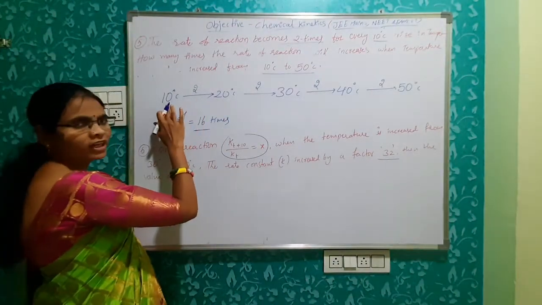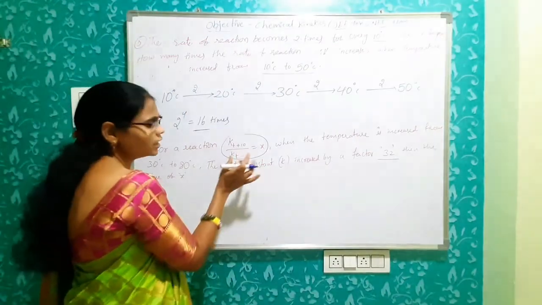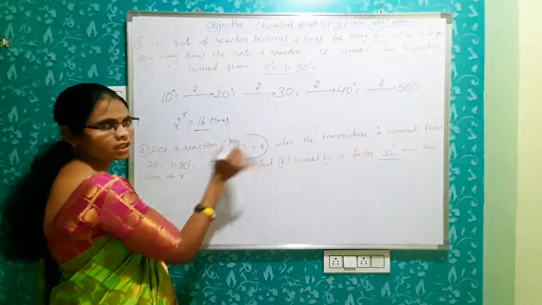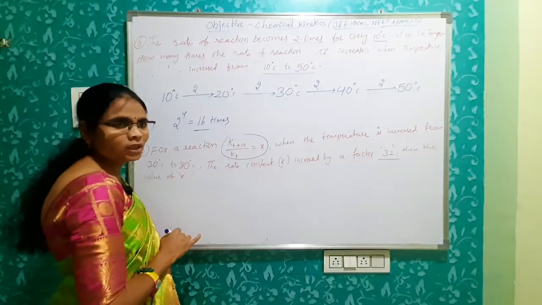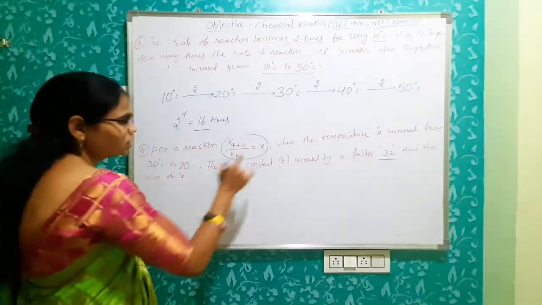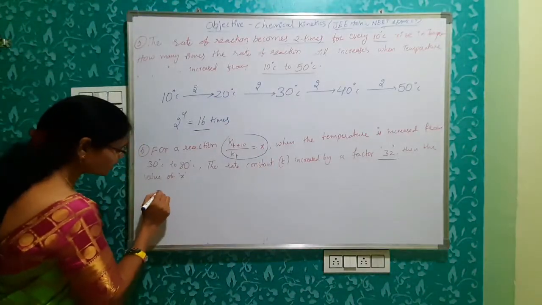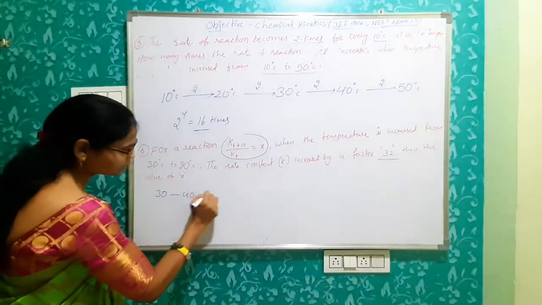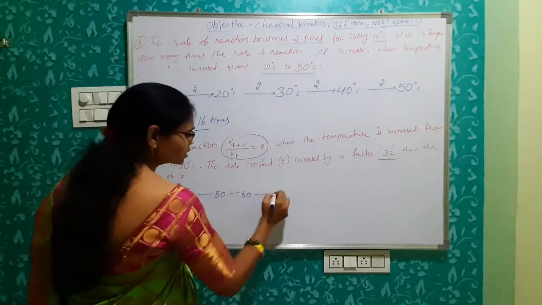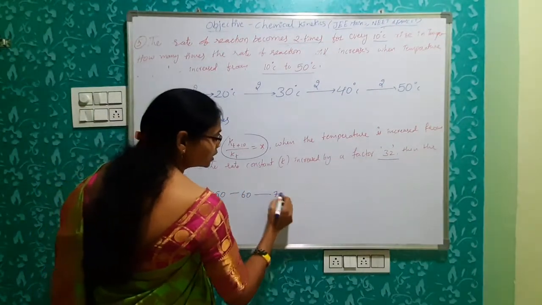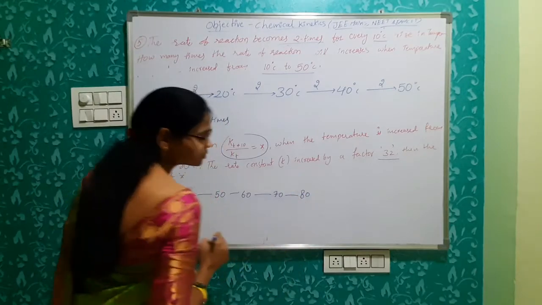For every 10 degrees rise in temperature, the temperature coefficient may be 2 or 3, no? So X may be 2 or 3. Suppose you take 2 for X. Here 30 to 40 degrees Celsius, 40 to 50, 50 to 60, 60 to 70, 70 to 80 degrees Celsius.